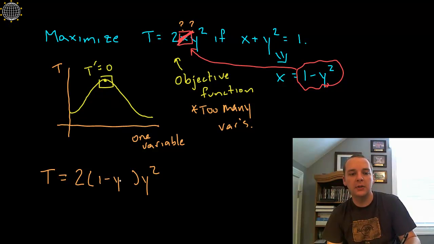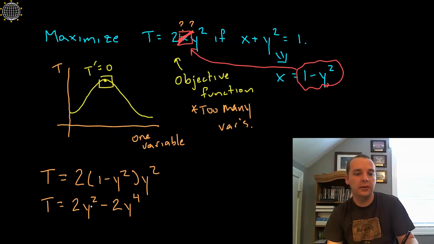It's 1 minus y squared. So we can write t equals, let's see, distribute that 2y squared through the binomial. You get 2y squared times 1 minus 2y squared times y squared, which is 2y to the 4th.